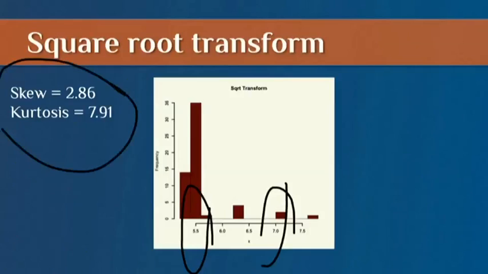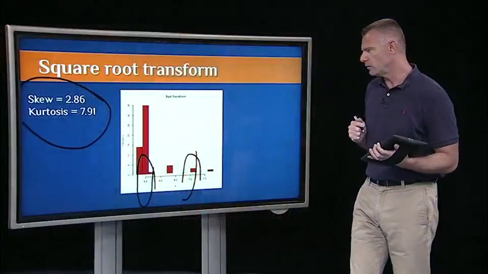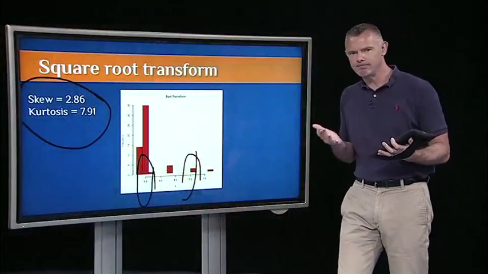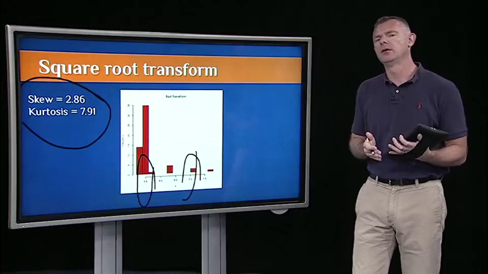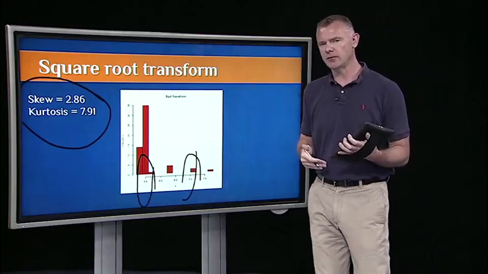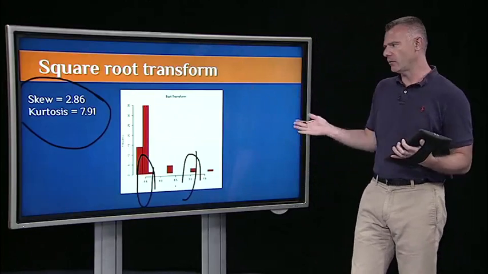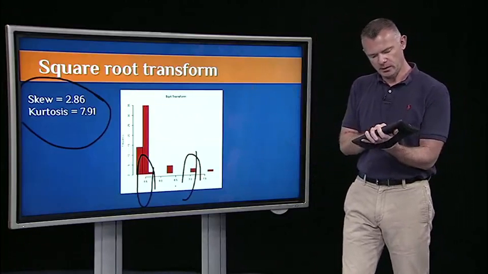Notice it also reduced the skew. I'm now under 3 in terms of skew. It didn't reduce it that much, but it reduced it to the point where I could say this is normal enough for me to go ahead and do the inferential statistics that we've covered in this course.